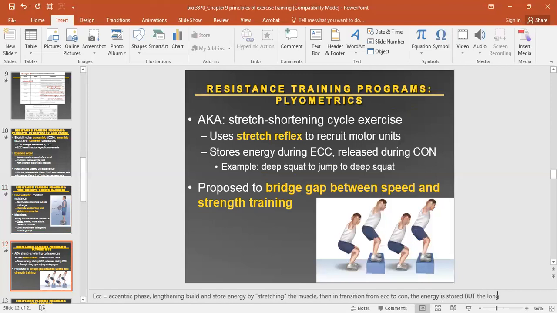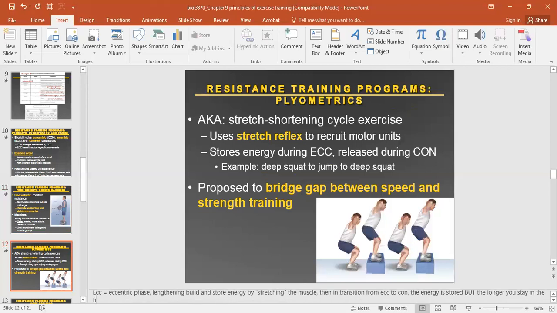But the longer you stay in the transition phase, the more energy you lose. So the faster you move from eccentric to concentric phases, the more stored energy you are able to use.